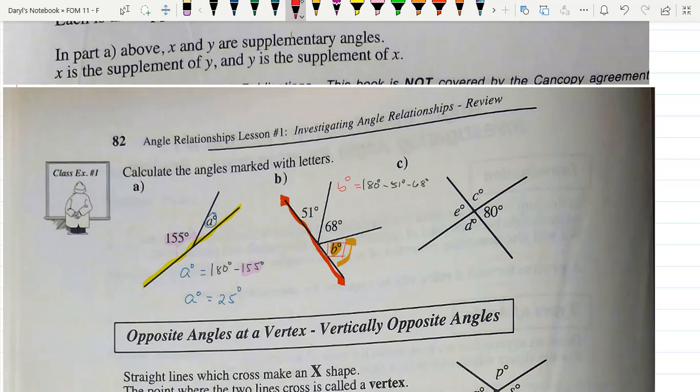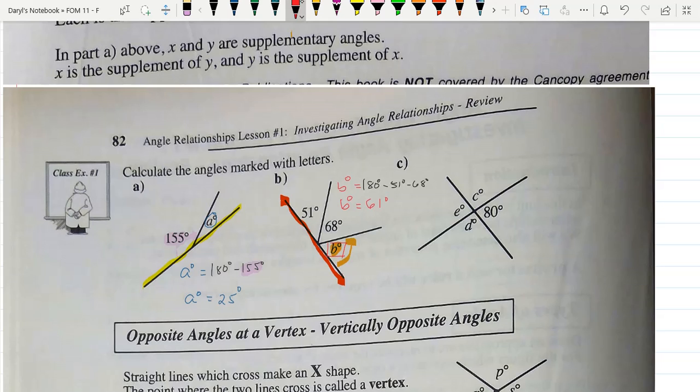So therefore, your angle B would just be 180 subtracted with 51 and 68 degrees. So if you're gonna do that, that would be equal to 61 degrees.